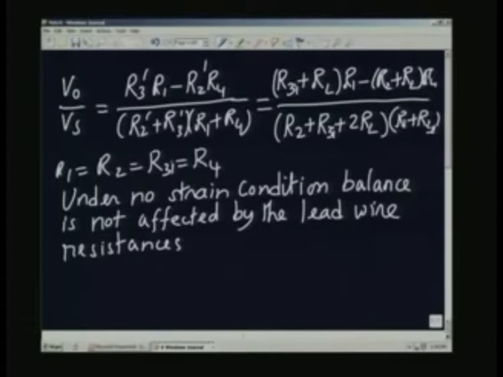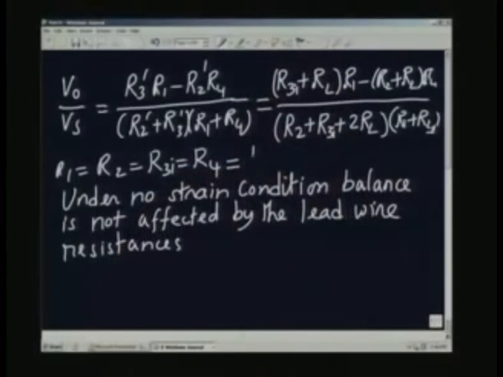So, here also I can make that equal to R4 equal to 120 ohms or whatever, equal to some R, let us say, whatever may be the value. So, I can in fact simplify this expression by putting all these resistance equal to R common value, and before we do that, let us just look at what happens in the unbalanced condition.